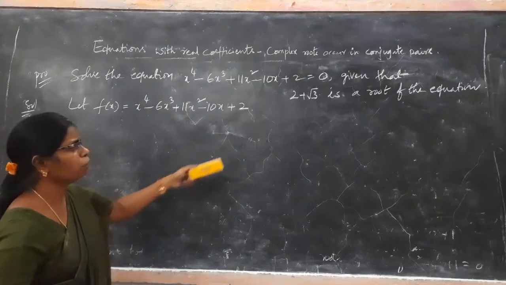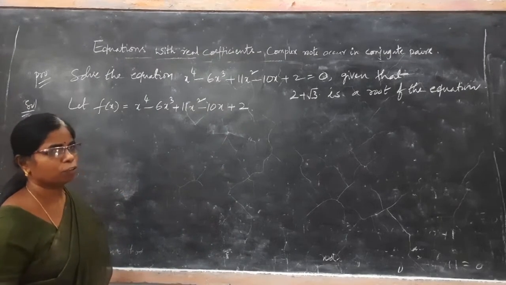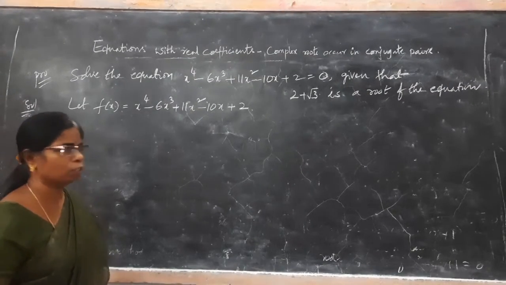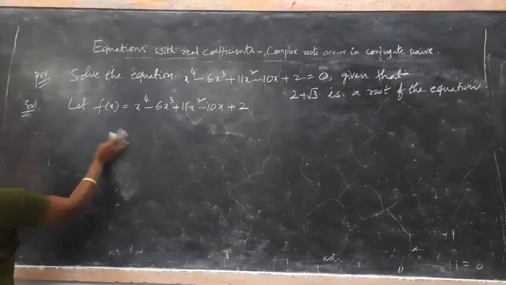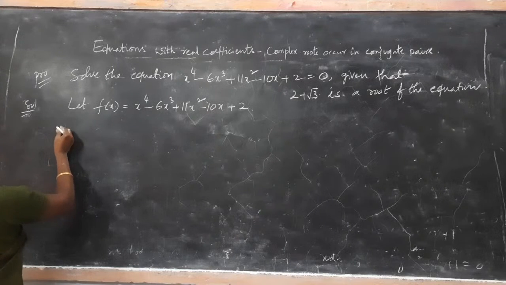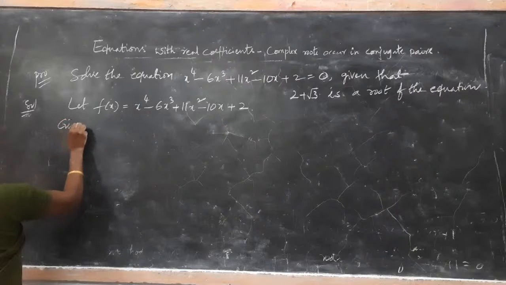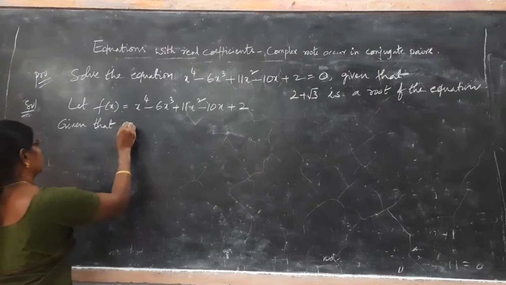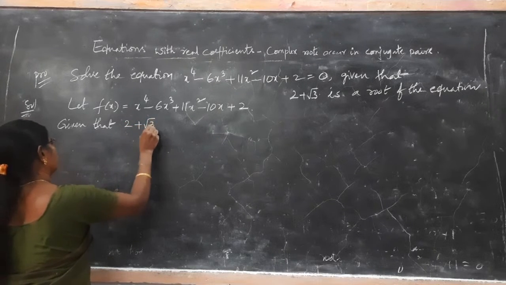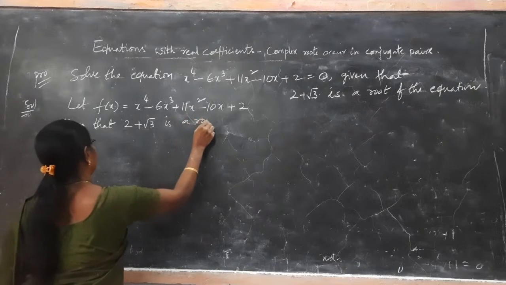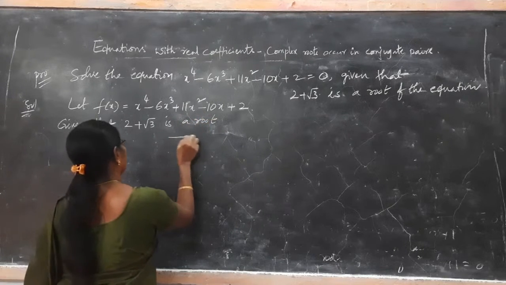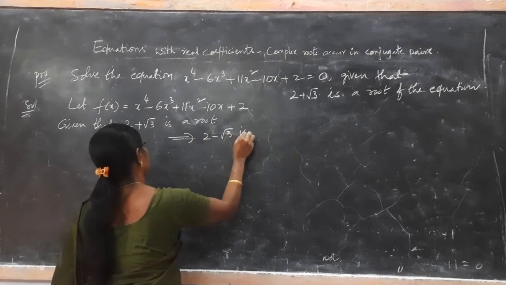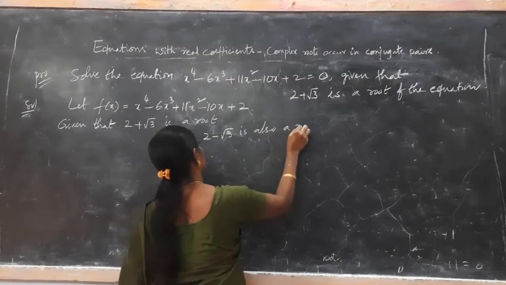Given that 2 plus root 3 is a root of the equation, 2 plus root 3 is a surd, so its conjugate surd, 2 minus root 3, is also a root. That's what I am writing: given that 2 plus root 3 is a root implies 2 minus root 3 is also a root.